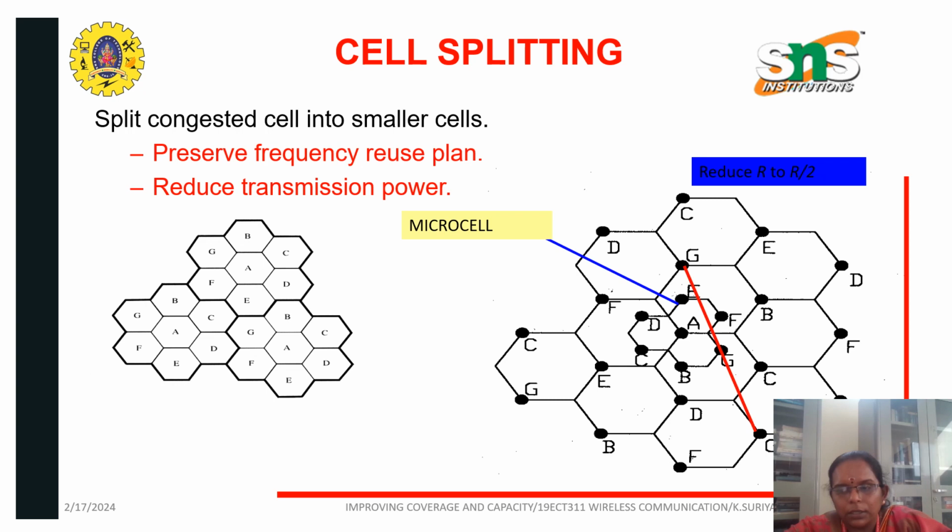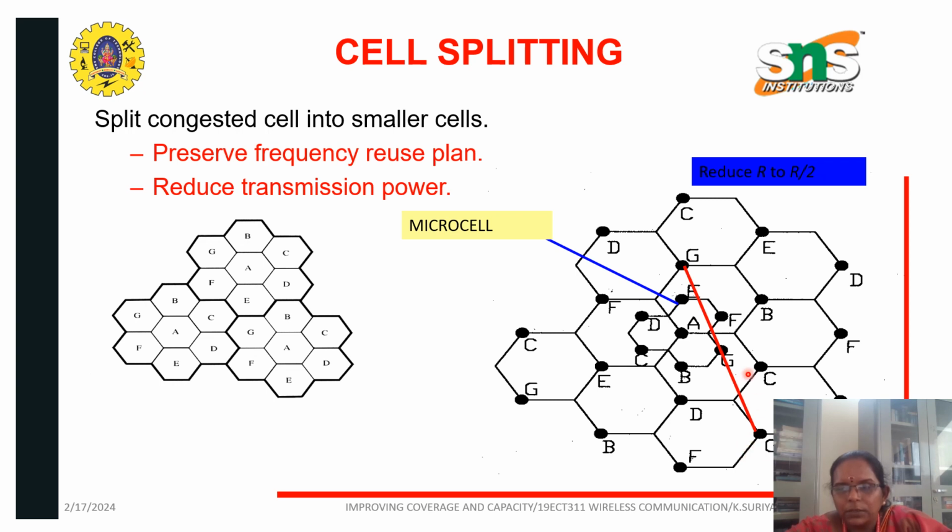You'll be dividing a large cell into smaller cells only in those places where the area is congested. Not all the cells will be subdivided. So you'll be preserving the same frequency reuse plan as shown here, and for the small cell also you'll be using G here, also G here. So the same frequency reuse plan will be preserved here.